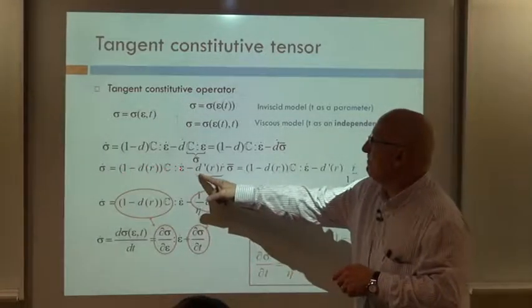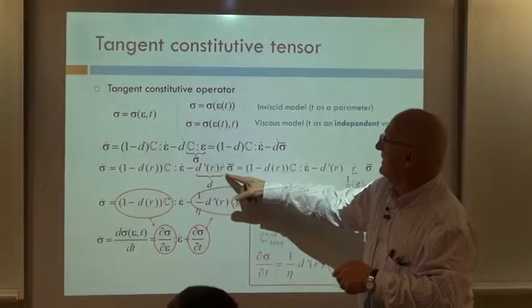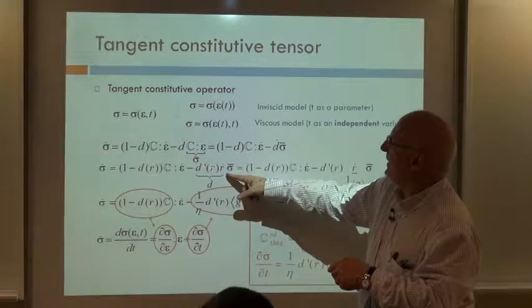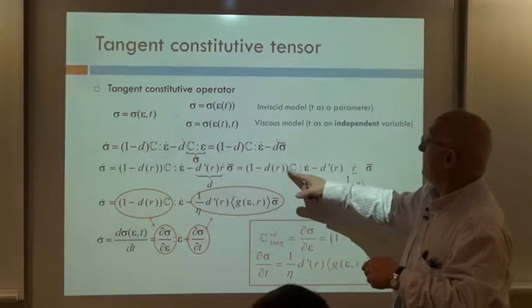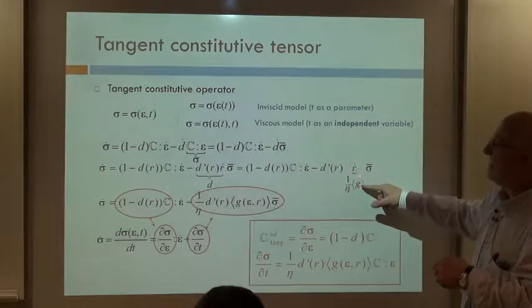Then, if we just replace here this part, that's 1 minus d times epsilon dot, this d dot is d prime of r times r dot, but r dot can be replaced as 1 over eta times g.